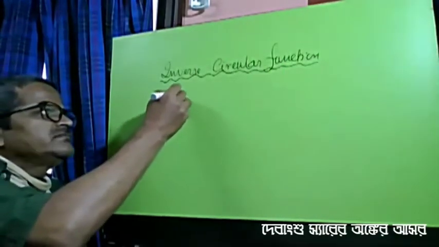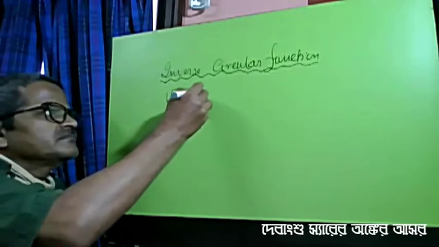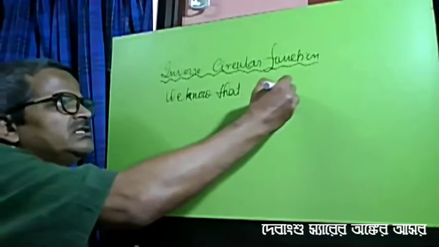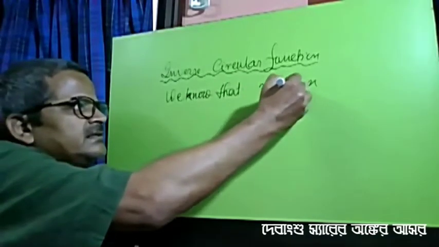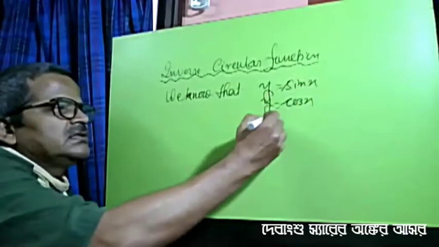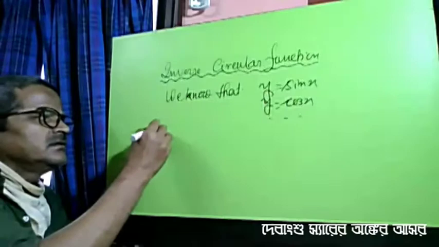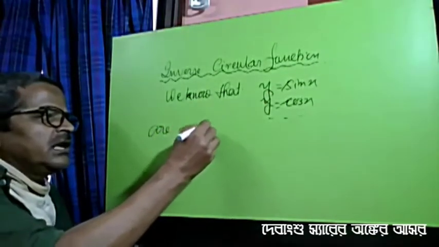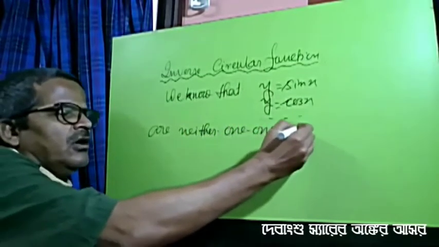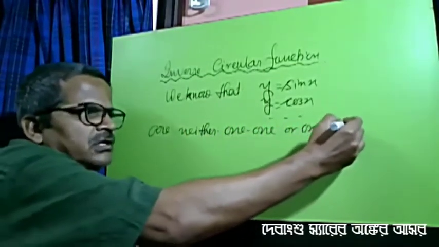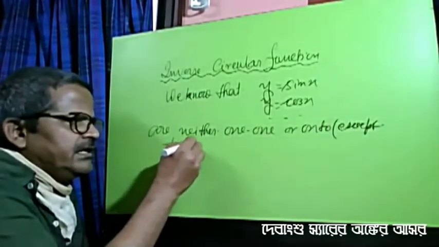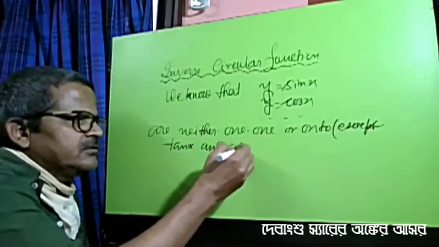We know that y is equal to sin x, y is equal to cos x, and so on, are neither 1-1 nor onto, except tan x and cot x.